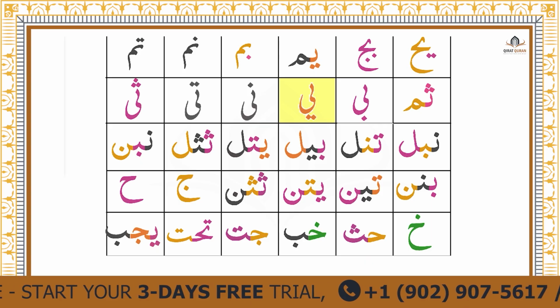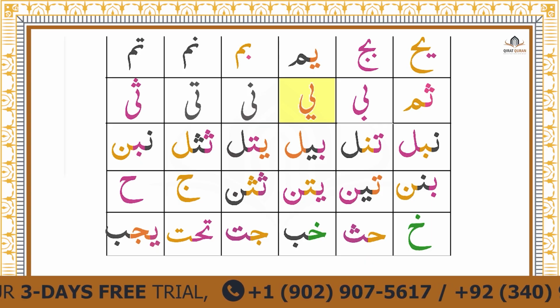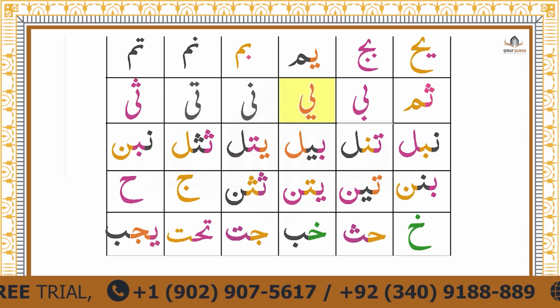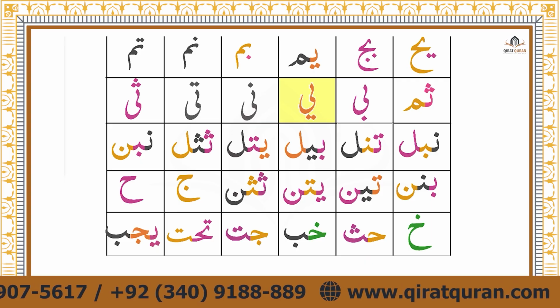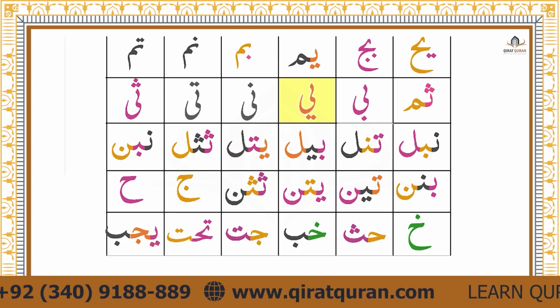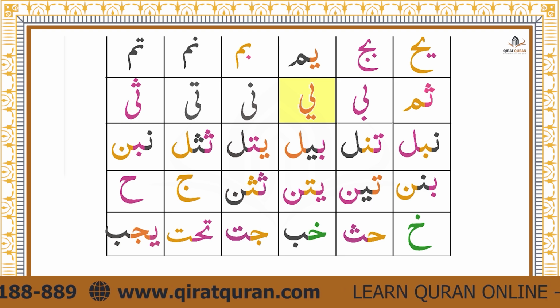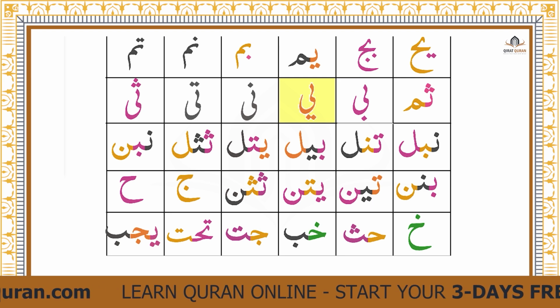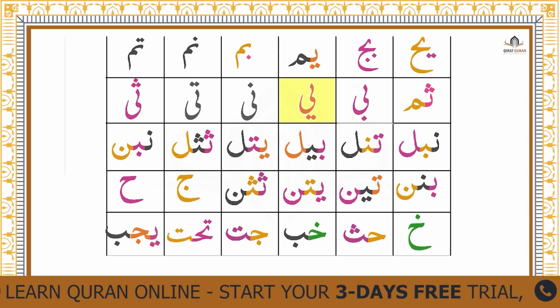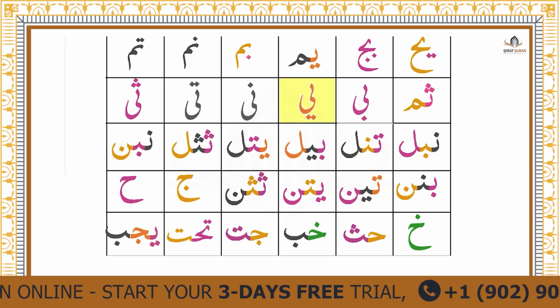The next one, the first letter is having two dots at the bottom. We know that there is only one letter which has two dots at the bottom, and that letter is Ya. So the first one is Ya, and the second one is also Ya.